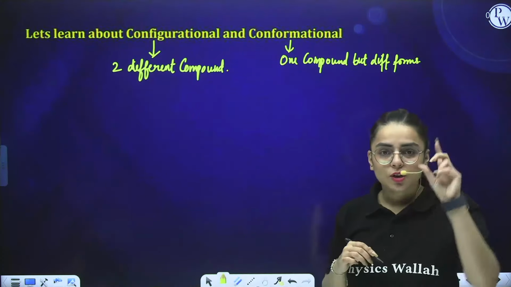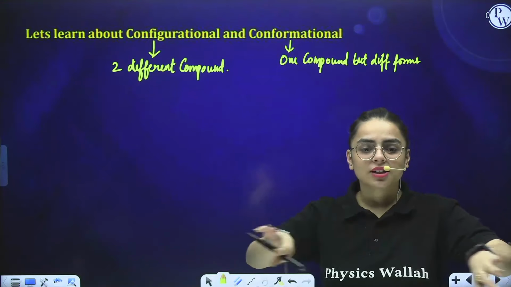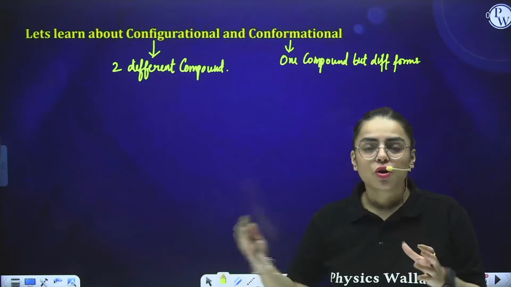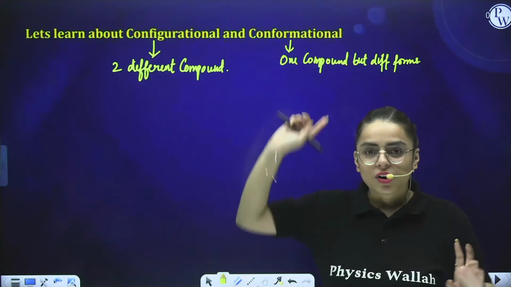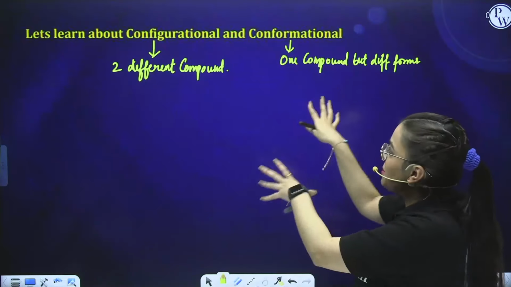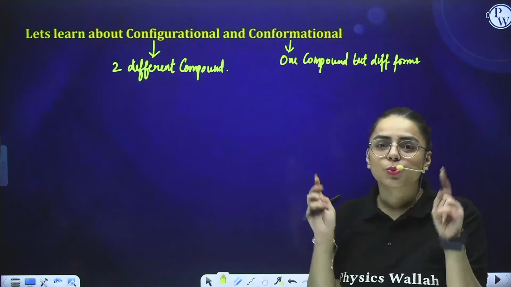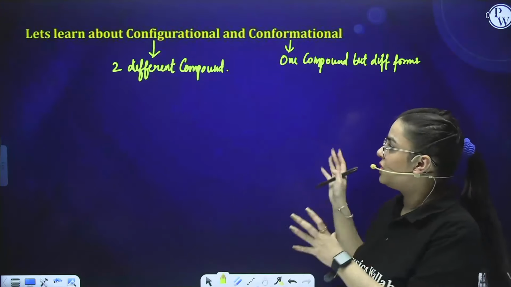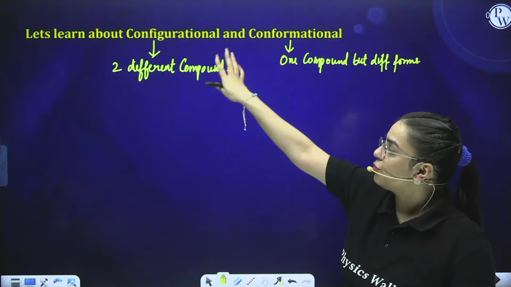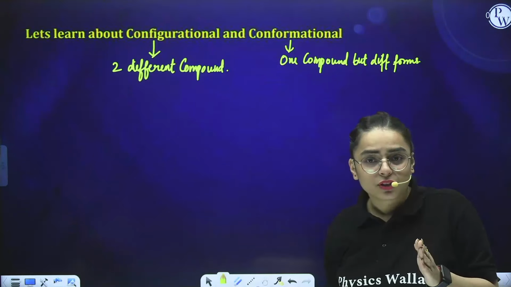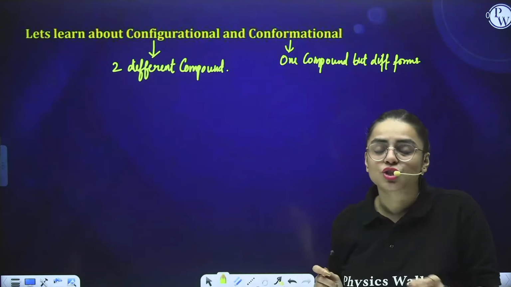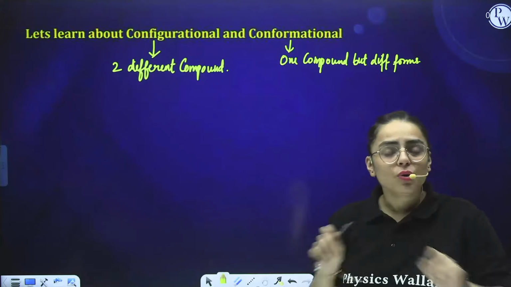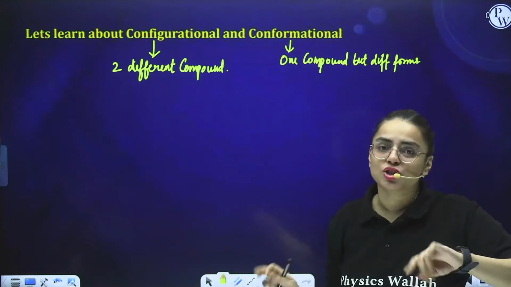if I say that God is only one, but you follow a particular religion. So you follow their religion, God. So its forms are different, but God is only one. The same applies over here in the conformational. The compound is one, but it is represented in different forms. Now, students, what is the basic difference in both of these? If I want to convert one configurational compound into another configurational compound, during the interconversion, bond cleavage is required. But if I talk about conformational, there is no need for bond cleavage. With the help of rotation, it is possible.